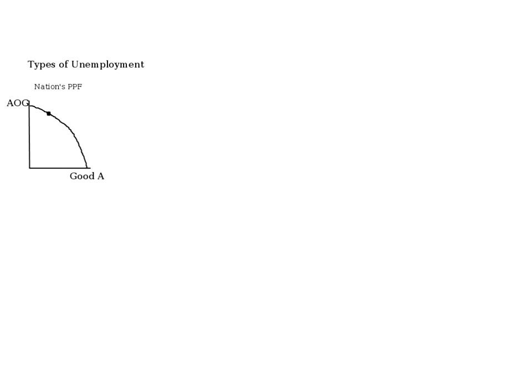So any time they're on the PPF, doesn't matter where they are, because they're getting the maximum production that they can from their resources, they must be using them all. So all the combinations on the PPF would represent full employment, okay?